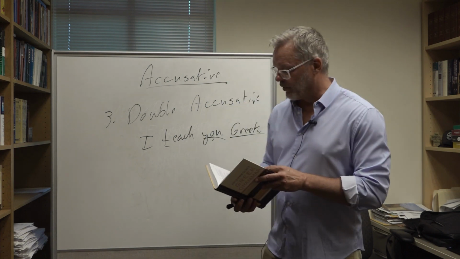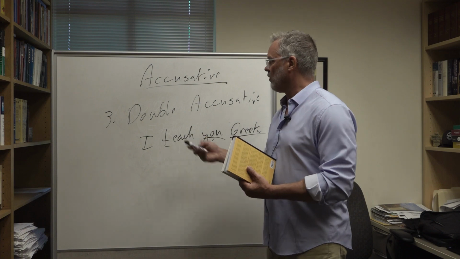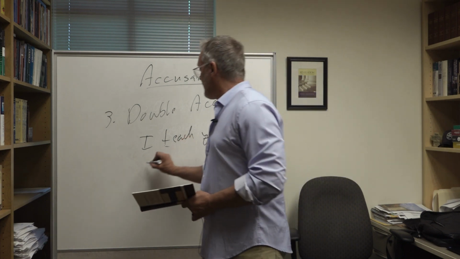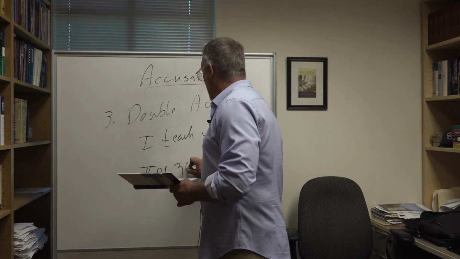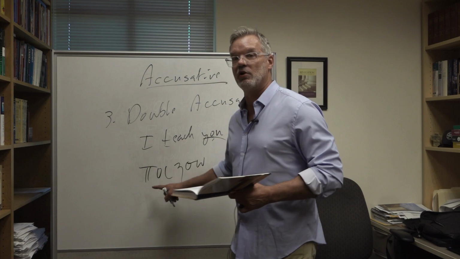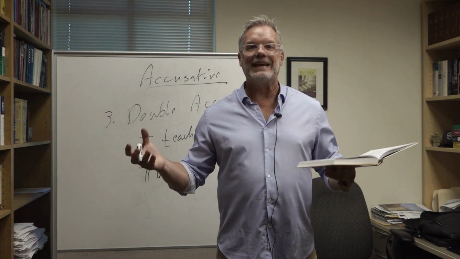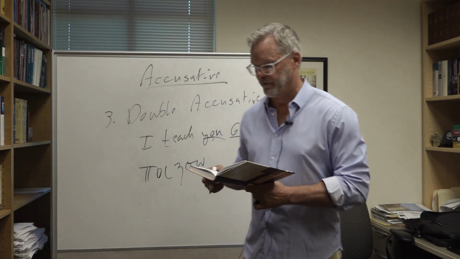A good example of a double accusative construction is found in Revelation chapter 3 and verse 12, a promise to the one who overcomes. Jesus promises, "I will make," poieso. Poieo, to do or to make, is one of those verbs that you do sometimes find taking two direct objects, or two accusatives, a double accusative.